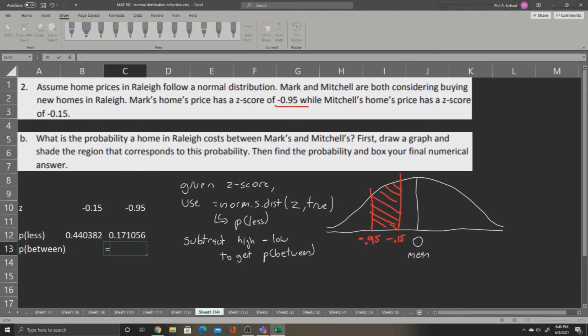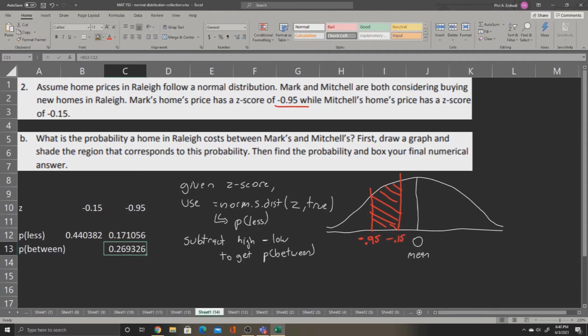We'll say equals the higher of the two answers minus the lower of the two answers. So our probability of being in between those two markers is 0.269326. This will be our answer for this problem.